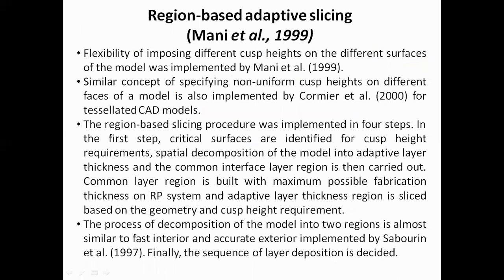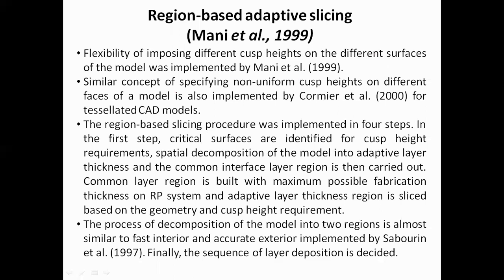Now, based on what Hope suggested, Money and Cormier also came up with an idea of region-based adaptive slicing. Region-based adaptive slicing was basically nothing but dividing your CAD model into specific regions based on their importance and the value of the maximum allowable cusp height.